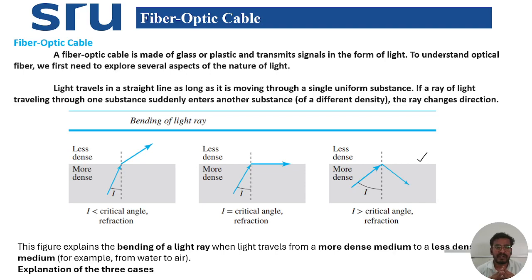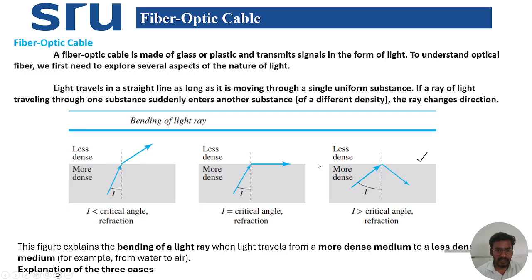If a ray of light traveling through one substance suddenly enters another substance, the ray changes direction. For the bending of light rays, we will discuss three cases. One is when I is lower than the critical angle.